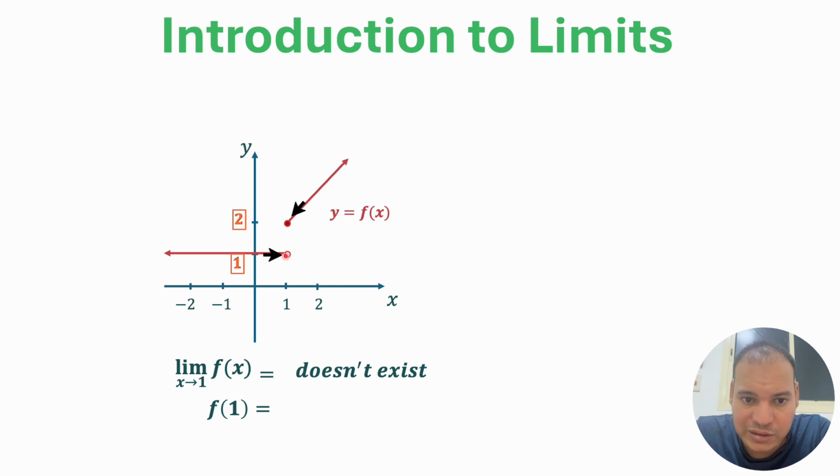Now here, 1 doesn't belong to this piece, but it belongs to this closed circle here. So f of 1 is equal to what? f of 1 is equal to 2, as you can see here. So in this example, the value of f at 1 is equal to 2, but it doesn't have a limit at this value.